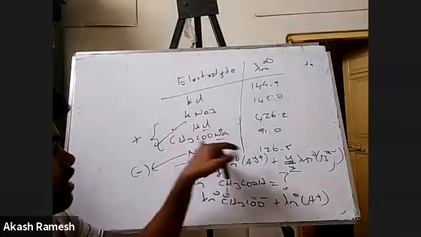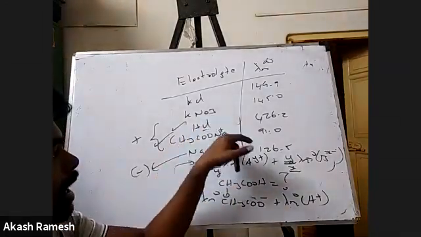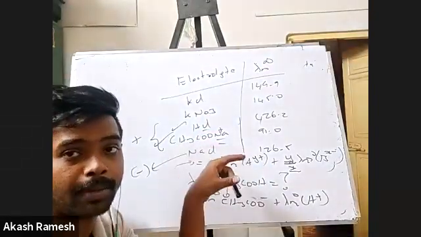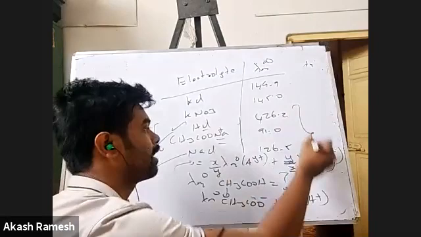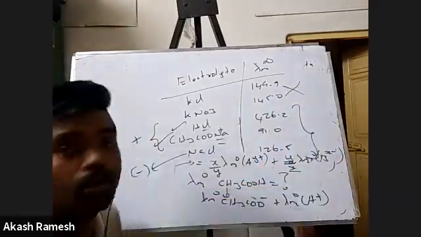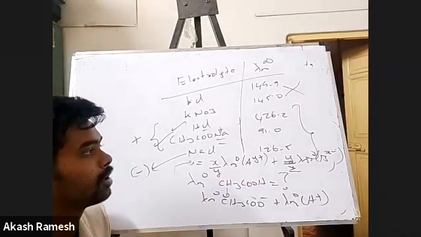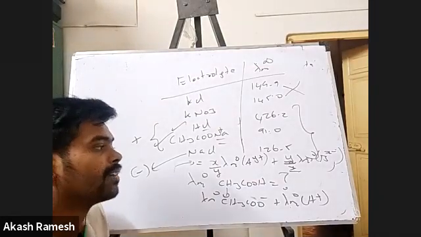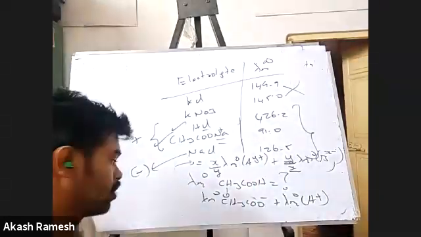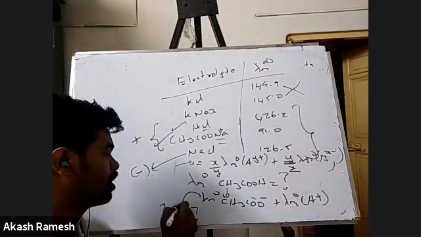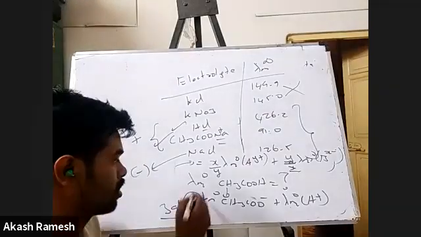CH3COO minus you got, H plus you got, Na plus and Cl minus you got extra, and now Na plus and Cl minus get subtracted. So only these three values are of use to us. So it will be 426 plus 0.2 plus 91 minus 126.5. So I think you will be getting 390.7 as the lambda m naught of CH3COOH.